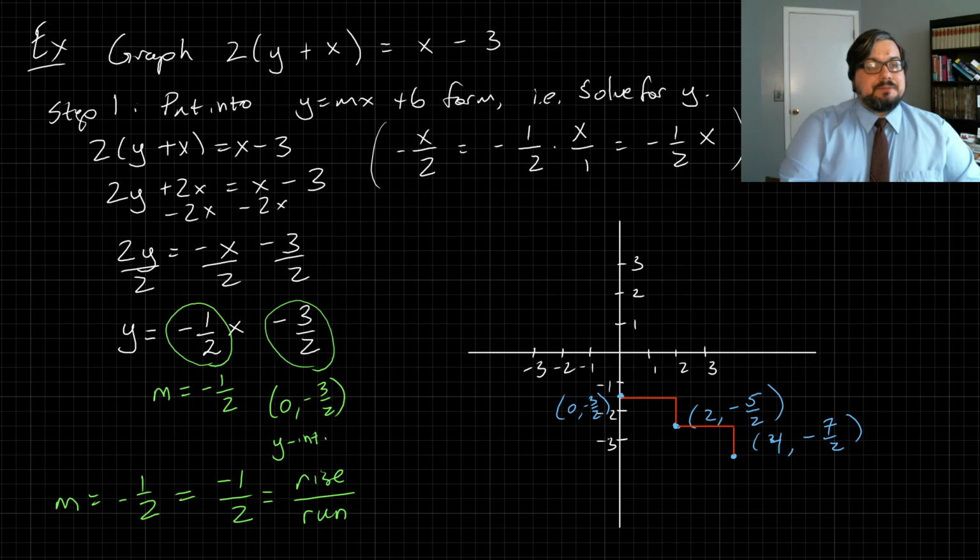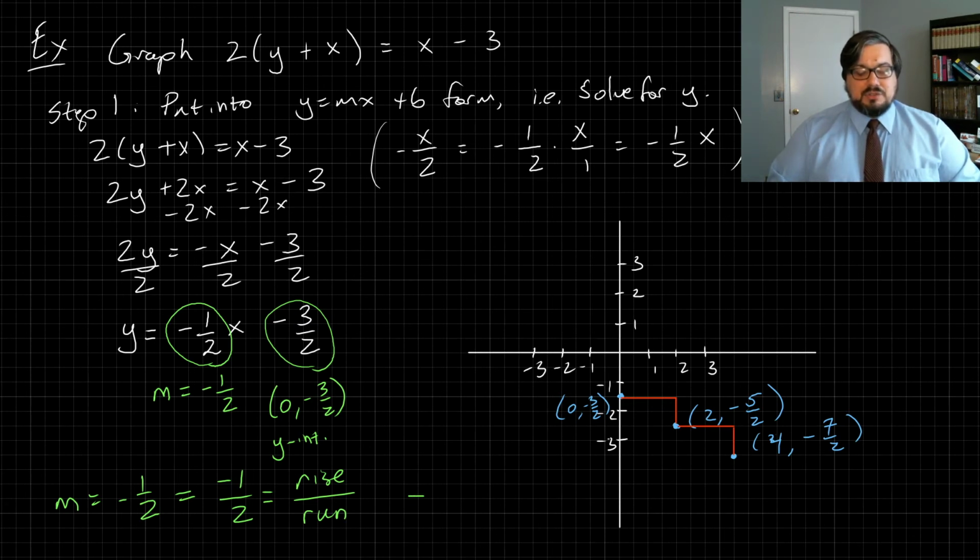In that case, what you can do is try moving this negative to the other position. So we can also write that the rise over run is equal to 1 over negative 2, because that's another way of writing the slope.